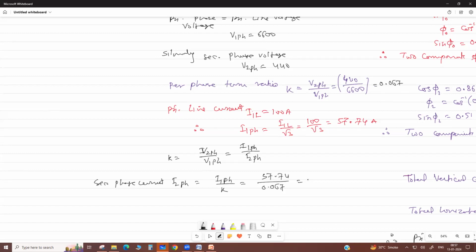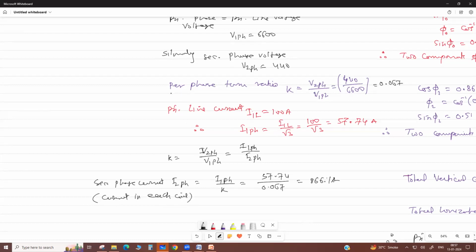This comes to 866.1 ampere. This is the current in each coil, per phase current.